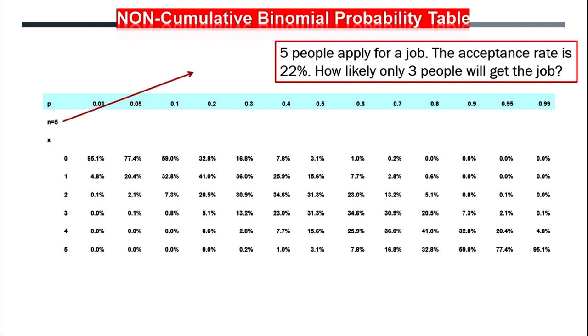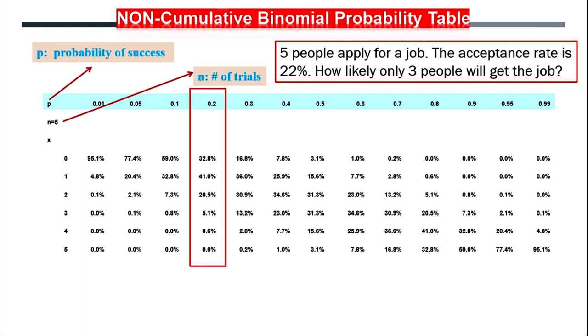First, n will be 5, the number of trials. Next, p is the probability of success. Here, success is being accepted for the job. It says the acceptance rate is 22%, which is close to 20%, 0.2. Look at the column of 0.2. Note that you choose the closest number.